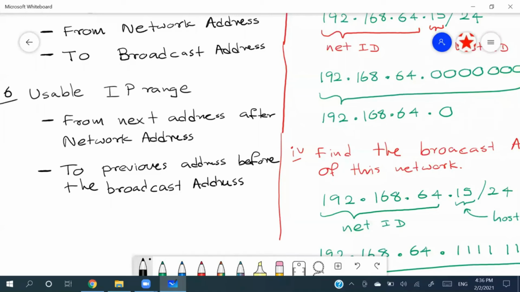Right? So the next address after the network address, according to this calculation, is going to be 192.168.64.1. Because the range here is 0 to 255: the network address has 0 and the broadcast has 255, and the remaining part is in between. So the next address after the network is 1, and the one before the broadcast means 254.